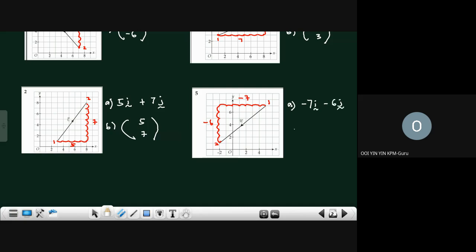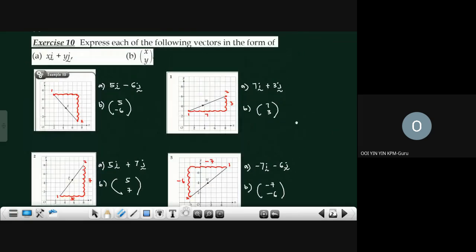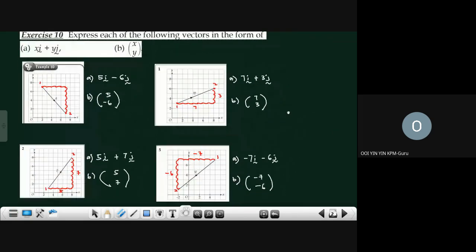Okay, and then in matrix form, bracket, -7, -6. Okay, that's all. Easy, right? Yeah, it's very easy. But first you must understand the basics, I want you to understand how this ij comes from.